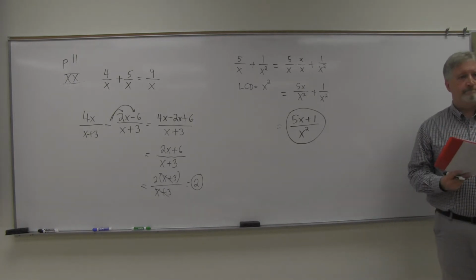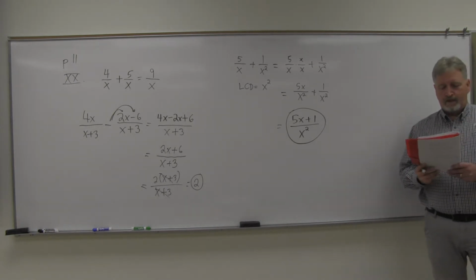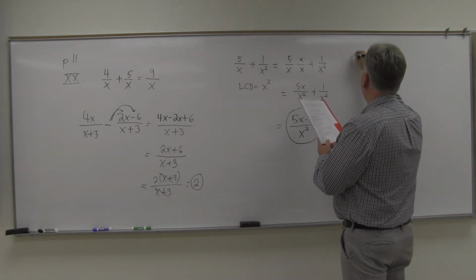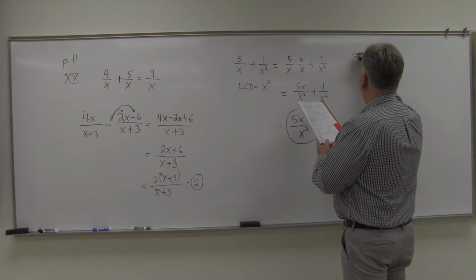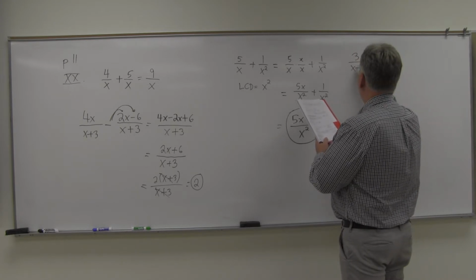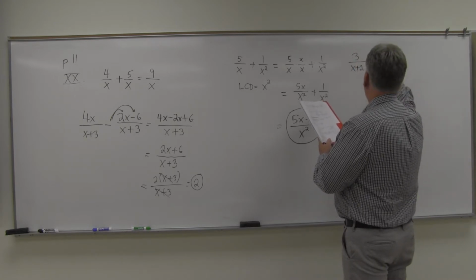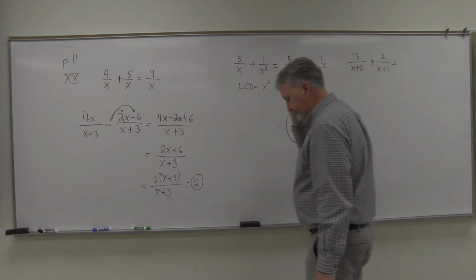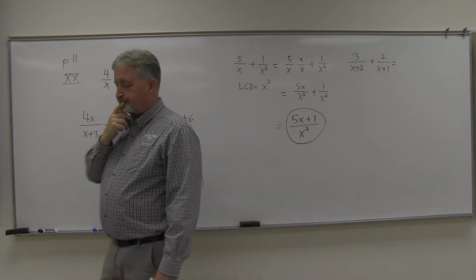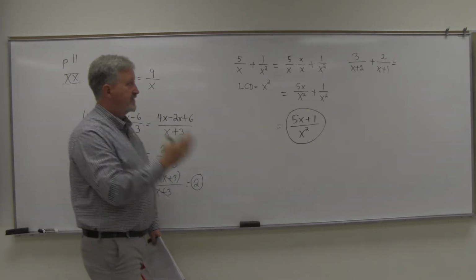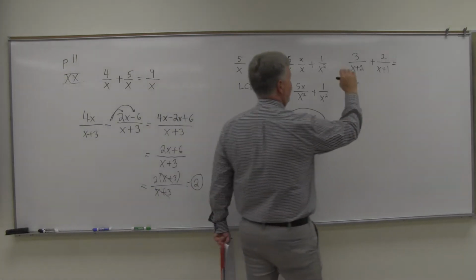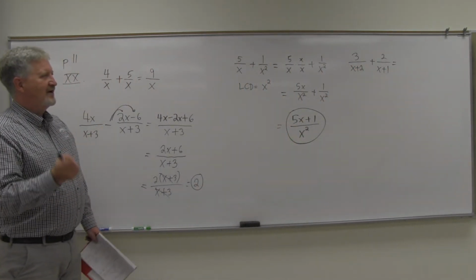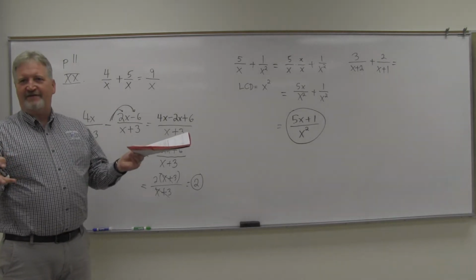All right? Now, the second example below that one: 3 over x plus 2 plus 2 over x plus 1. Well, just like before, x plus 2 and x plus 1 are two totally different factors, nothing to cancel.